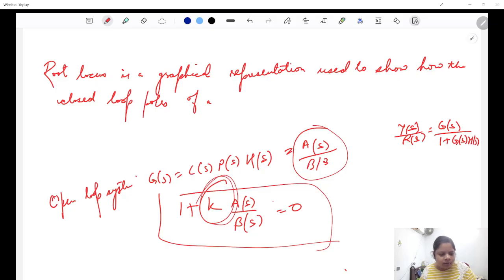My voice is not clear. Can someone else also confirm if it is clear or not? Not clear.